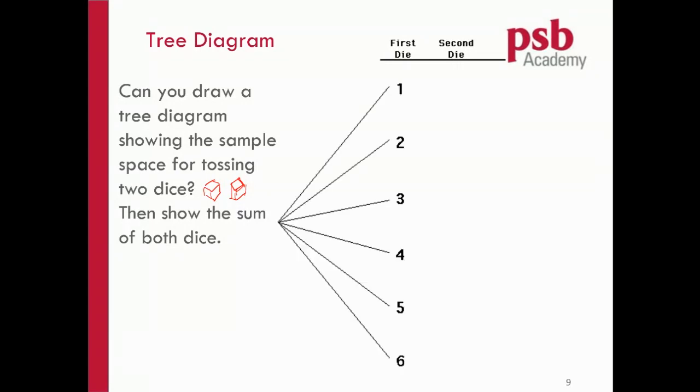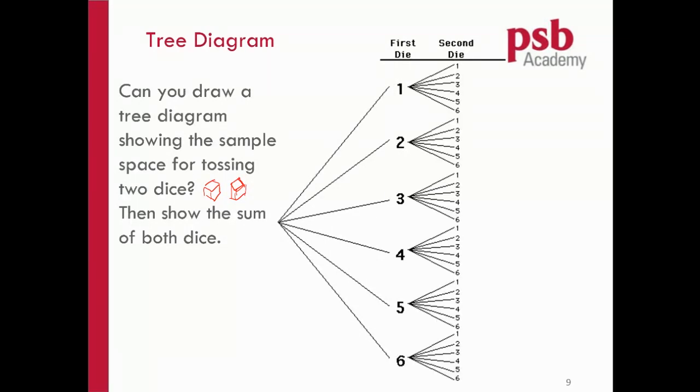So you have 6 sides. So if the first die is showing a 1, what can be the possible outcome for die number 2? You have 6 again. So you have 6 and 6 and 6 and 6 and 6 and 6. So what's the total number of outcomes you have? 36. Right, you saw that just now when we used the table to show it.